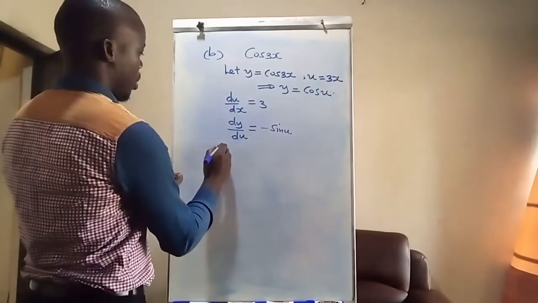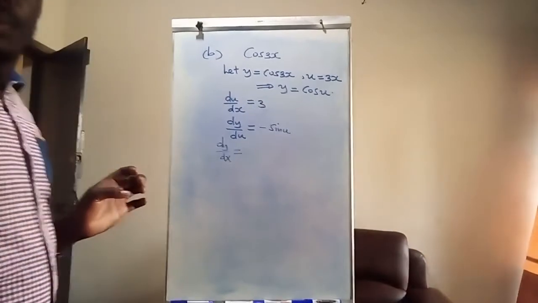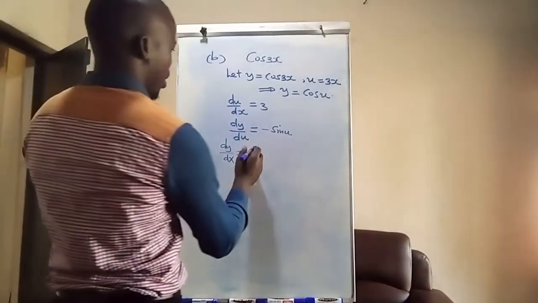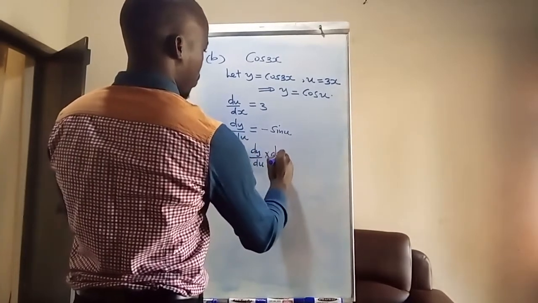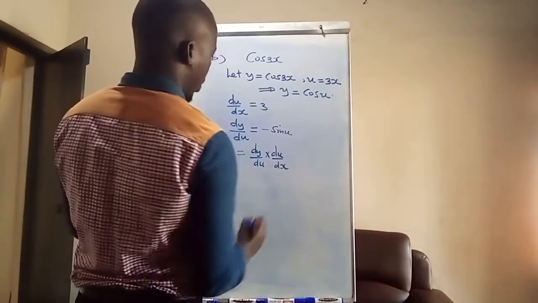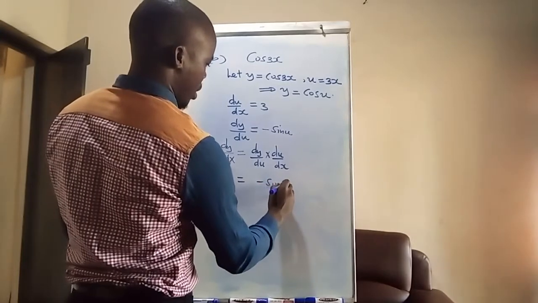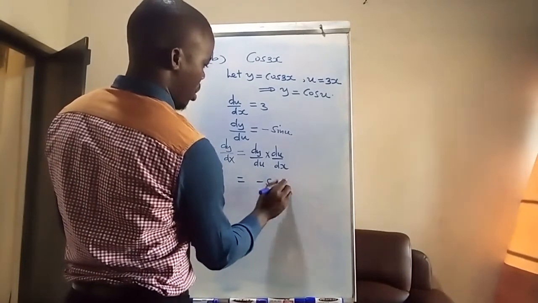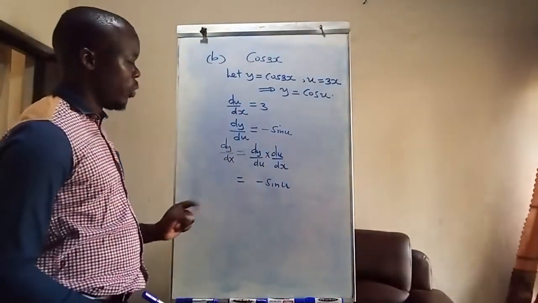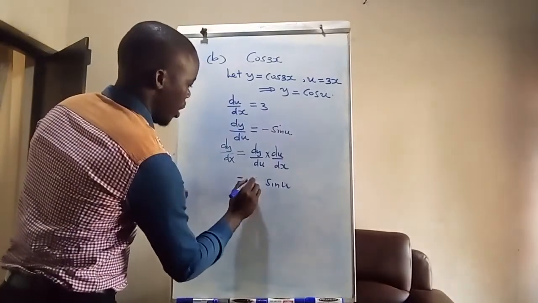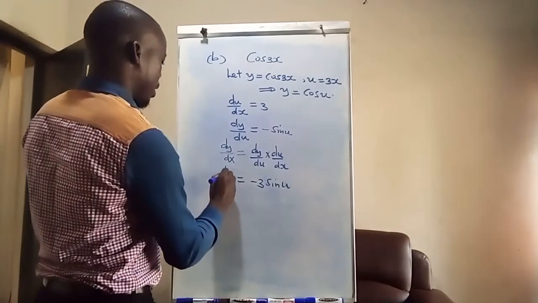Now from chain rule, dy dx will be dy du times du dx. We have our dy du as minus sine u, and we have du dx as 3. So when I multiply this by 3, this becomes a minus 3 there. So I will get minus 3 sine of u as dy dx.